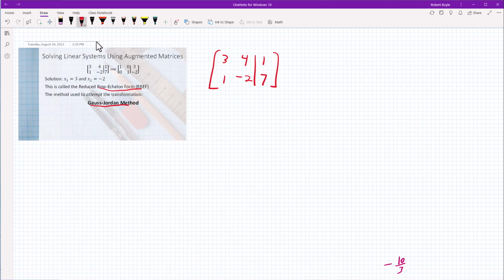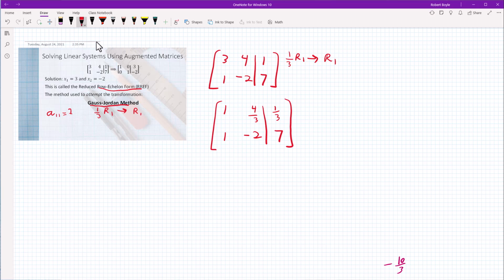So our first step is to make A11 equal to 1, and we'll do that by taking row 1, multiplying it by 1/3, and replacing that into row 1. That will give us a new matrix, which is 1, 4/3, 1/3. And of course, what happens to row 2? Absolutely nothing. That is going to be 1, negative 2, 7. So this is our new matrix.